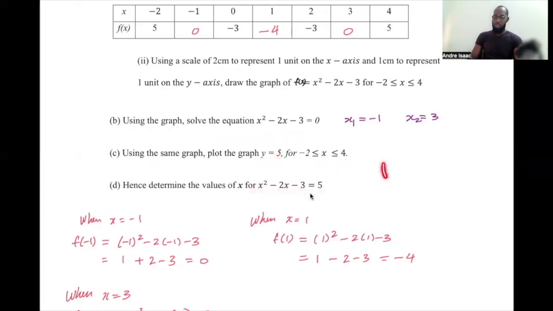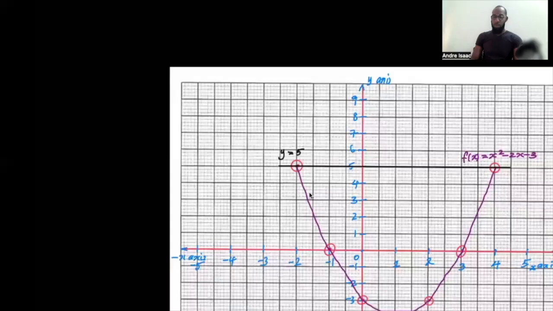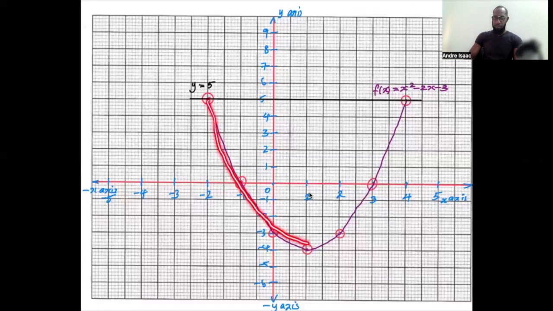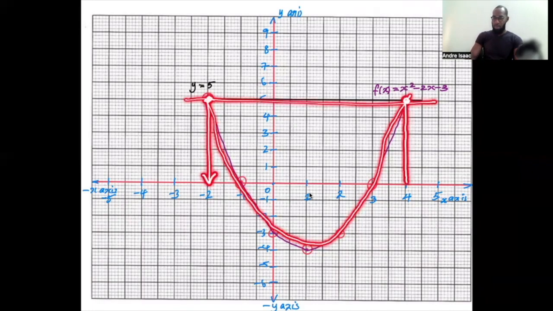So what they're asking is, when the curve and the line meet, what are the x values? That's all they're asking. So when you look at this, the curve and the line meet here and here. So what are the x values? This and that. Those are the x values.